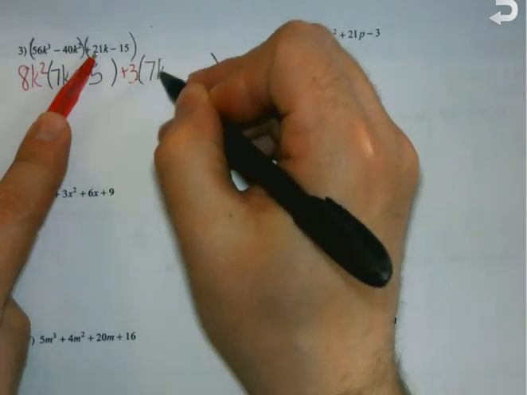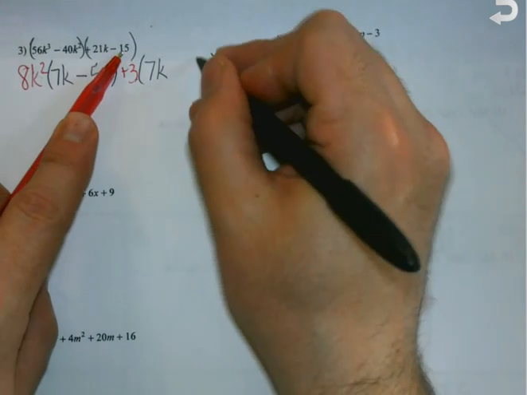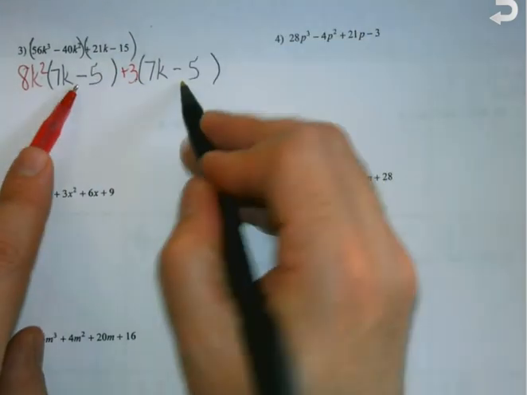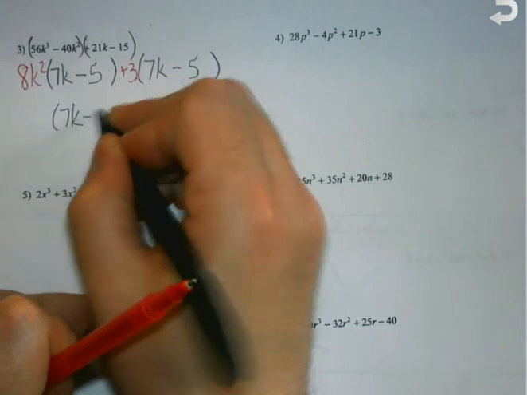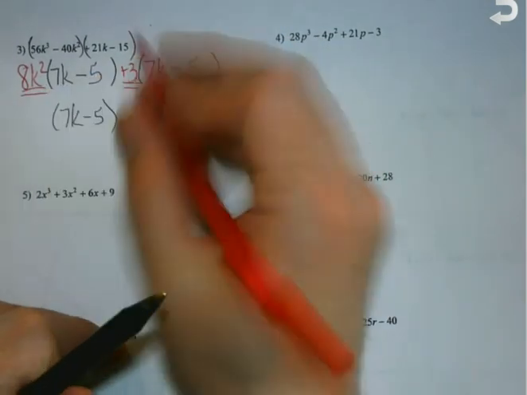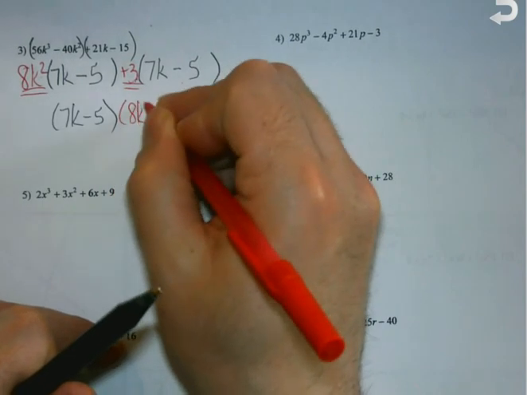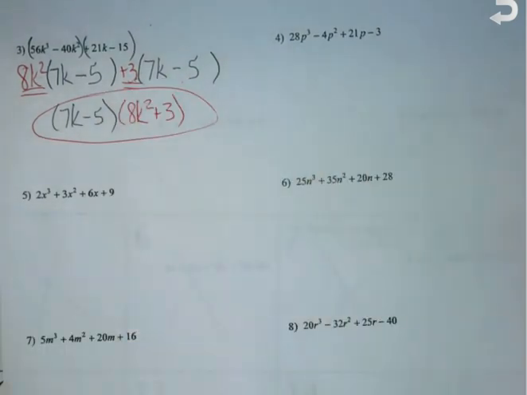That'd be 7. 3 times what gets me to 15? 5. And I see it's negative. Nice. Because again, the ones they have in common. And I'm set.